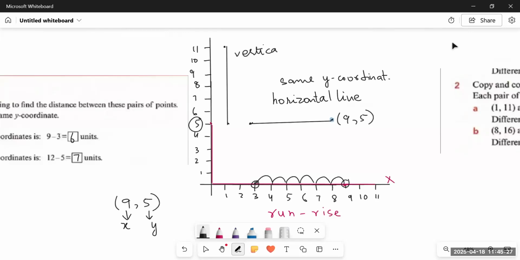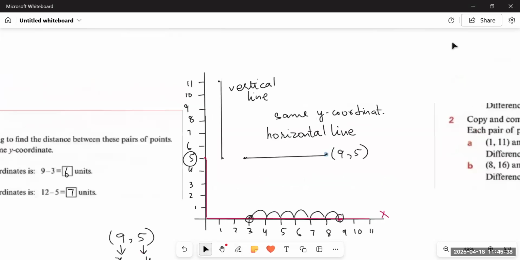So whenever we have the same x coordinate, the line would be vertical. It means in a straight vertical line, the x coordinate would remain constant.